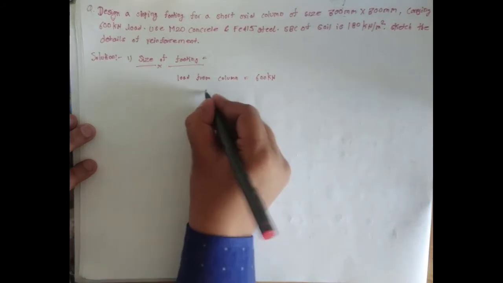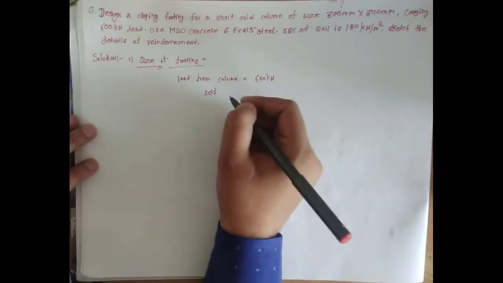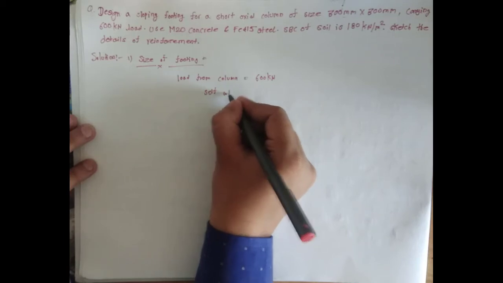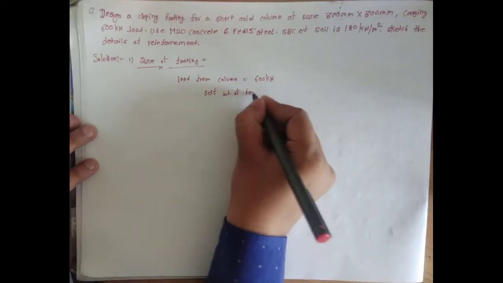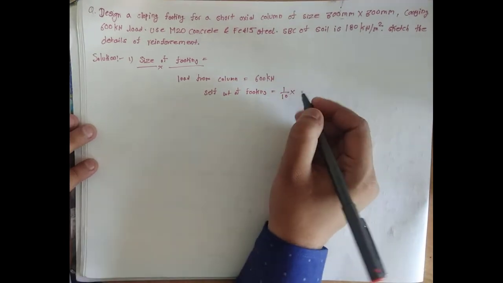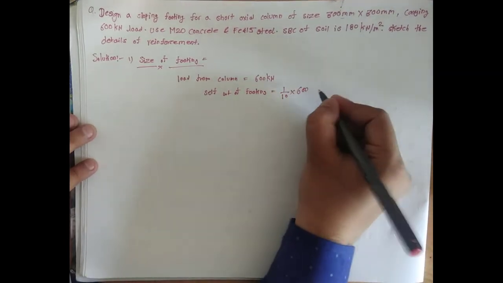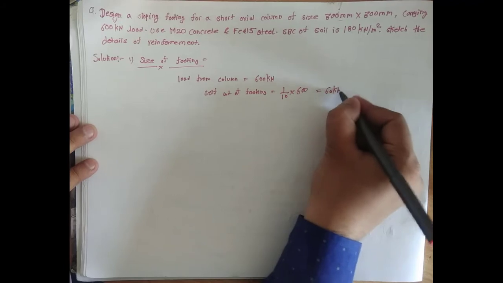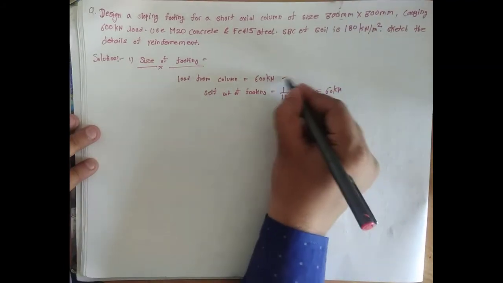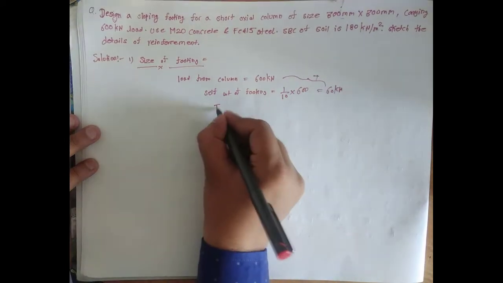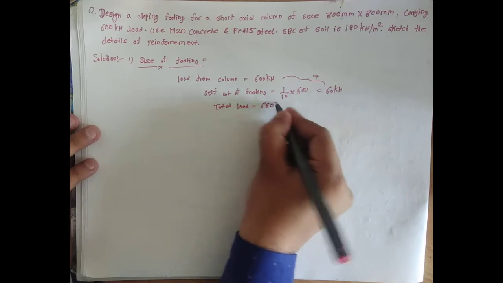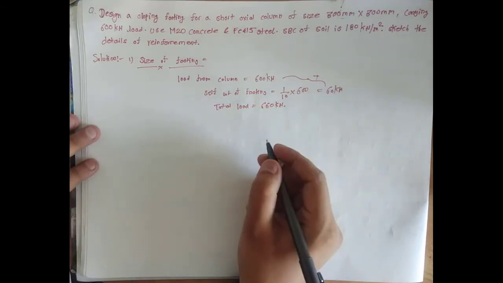Now 10% of the load coming to it is called the self weight of footing, which will be 10% of the entire given load, coming out to be 60. So total load will be this plus this, 660 kN.